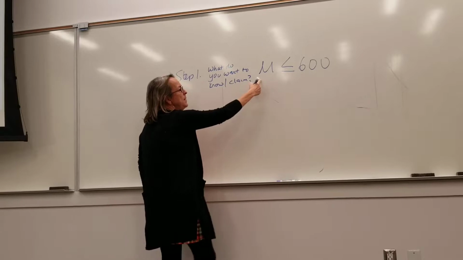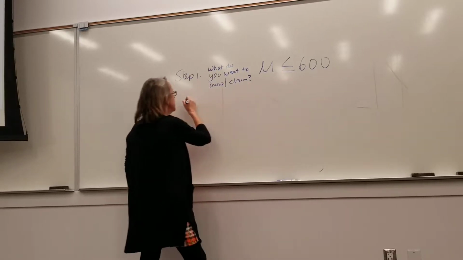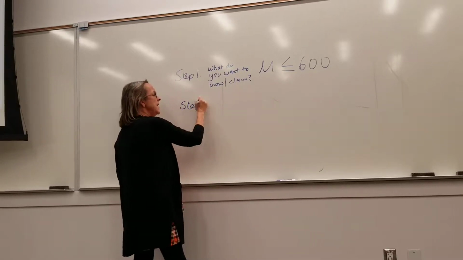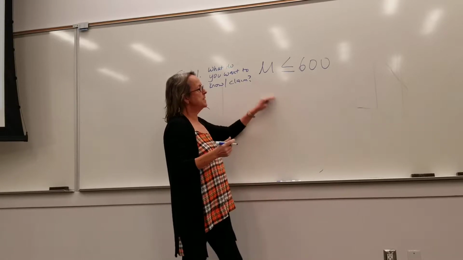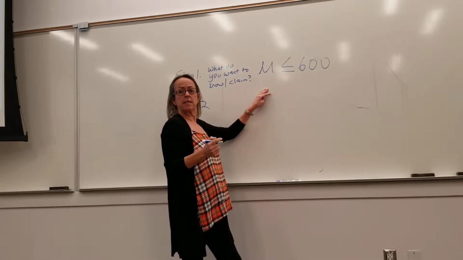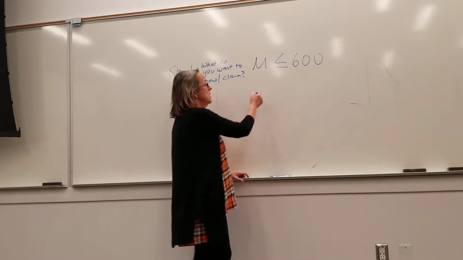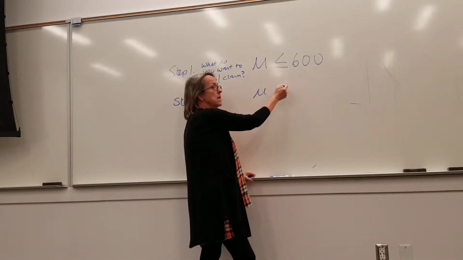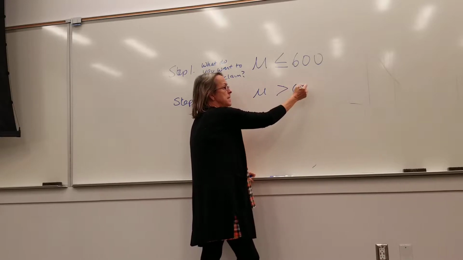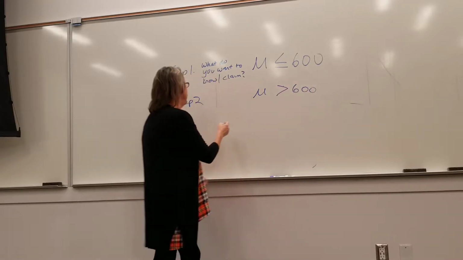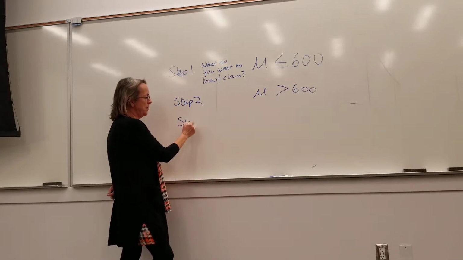So he's claiming this. Step 2, write down the opposite so that they're mutually exclusive and collectively exhaustive. What's the opposite? Greater than 600. And then step 3 is to label them.